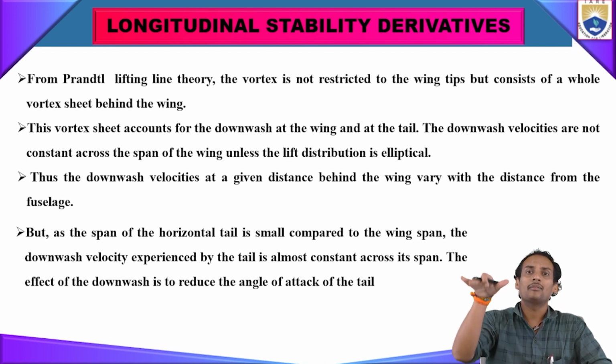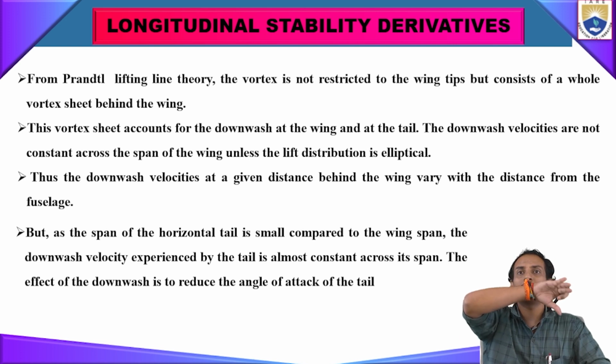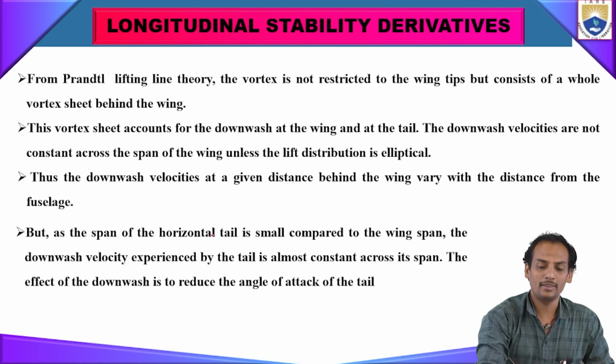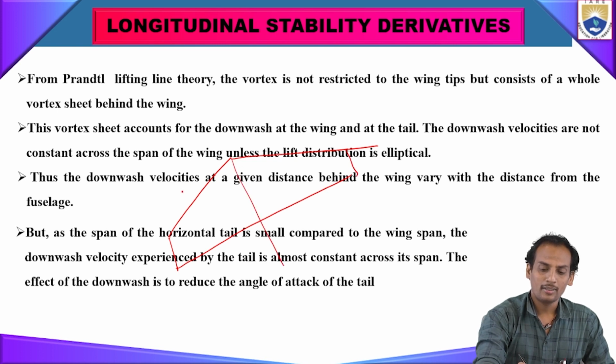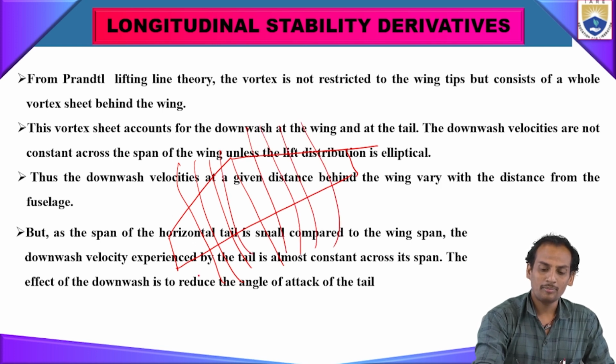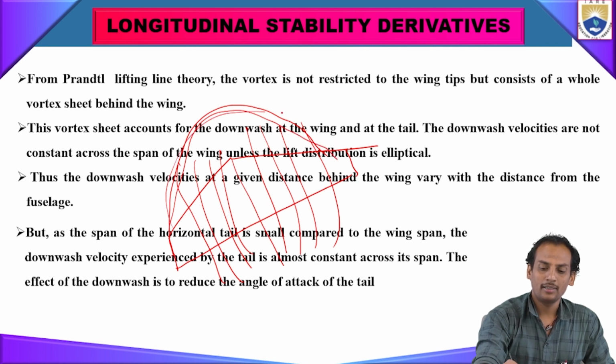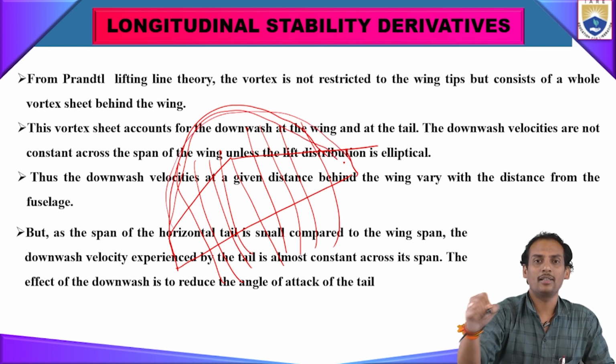When you see the lifting line theory, if it is a wing like this and a flow is flowing over it, the lift will be generated in an elliptical type only.